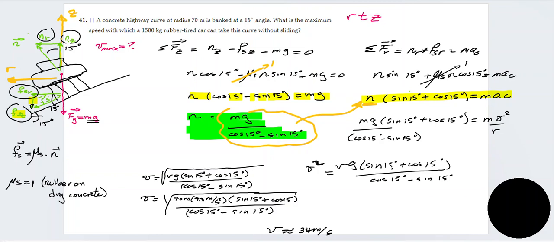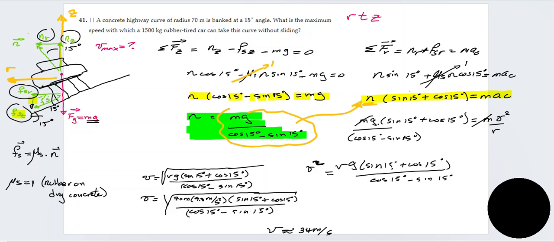When I do that, I will get that mass times gravity times sine of 15 plus cosine of 15 degrees divided by cosine of 15 minus sine of 15 degrees is equal to mass times v squared over r, because the centripetal acceleration is v squared over r, but we have the product with the mass in this case. We're going to cancel the masses here.